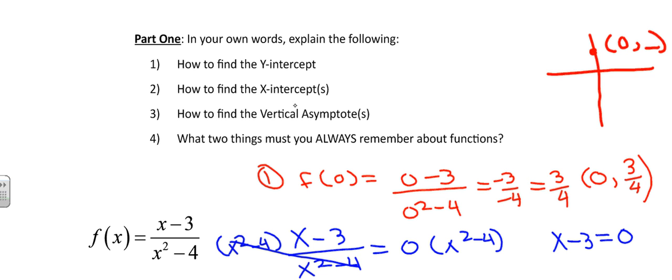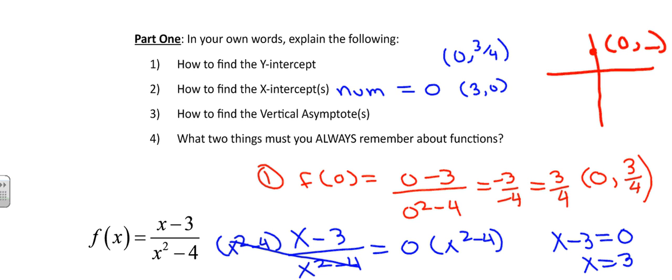So the truth about how to find an x-intercept is that you really can just set the numerator equal to 0 and then solve. So in this case, I get x equals 3. But again, please do not just leave it as 3. We know that the x-intercept must be 3, 0. So for this particular one, we have 0, 3/4 for our y-intercept, and then we have 3, 0.